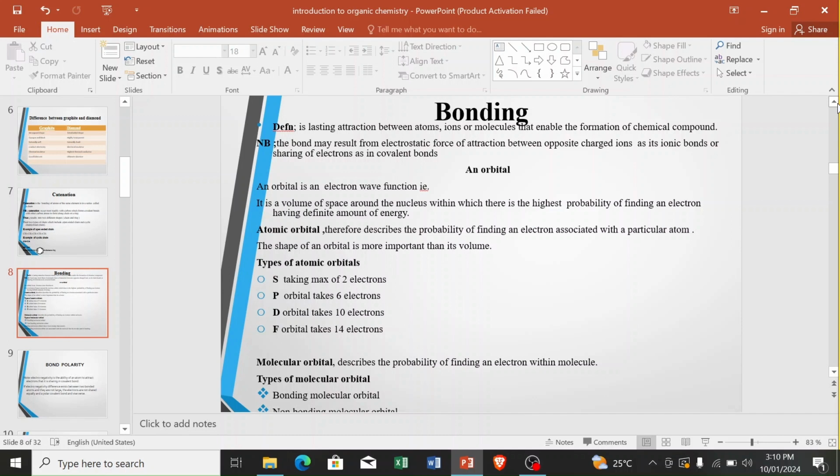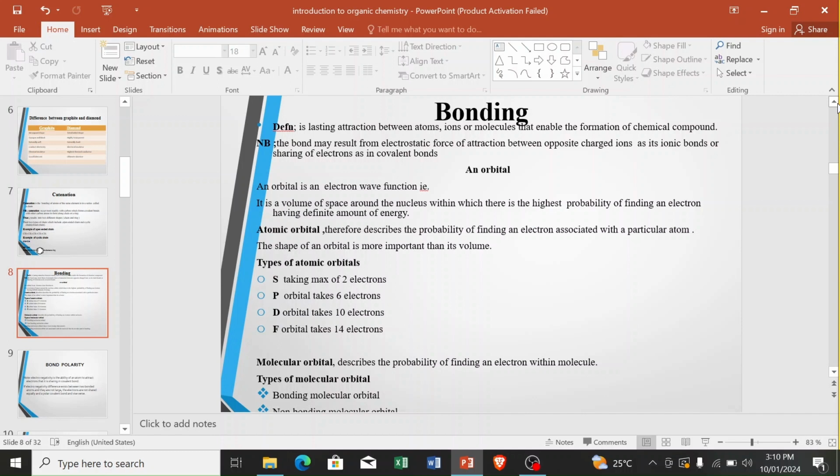The bond may result from electrostatic force of attraction between oppositely charged ions, as it is in ionic, and then sharing of electrons, as it is in covalent bonds. In ionic, there is losing and gaining of electrons, whereas in covalent, the non-metals share their electrons with each other.